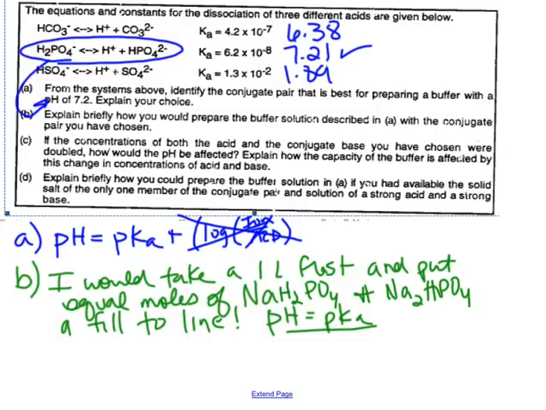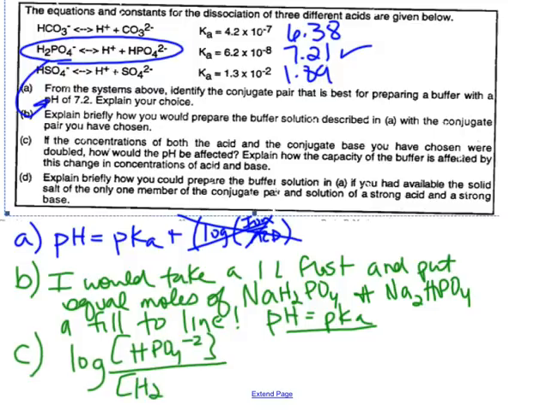Part C. If the concentrations of both the acid and the conjugate base you have chosen were doubled, how would it be affected? Well, think about that ratio. Remember, I'm just doing the ratio portion of it. The log of HPO4 minus 2 concentration over H2PO4 minus is the ratio we're looking at in that second system.